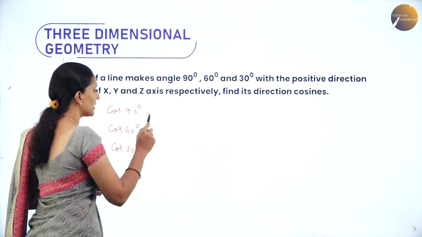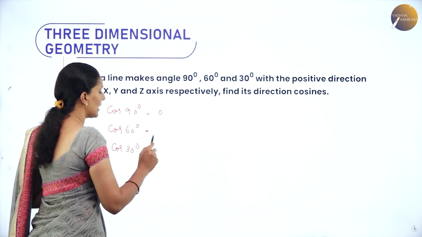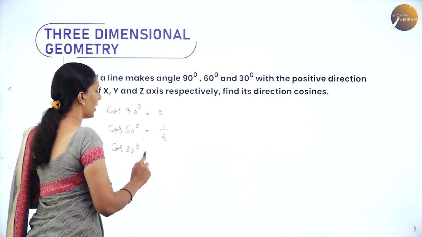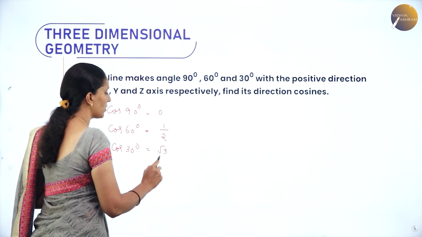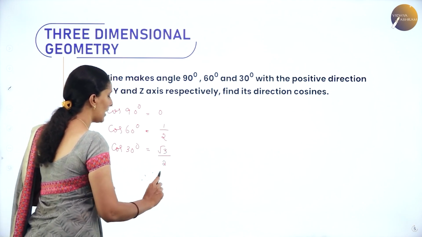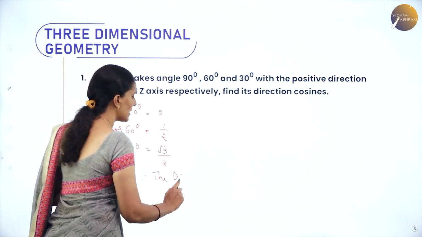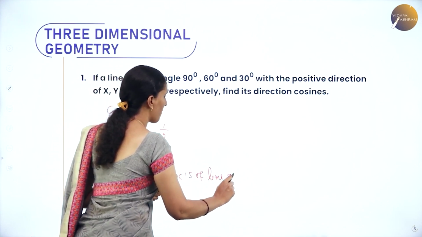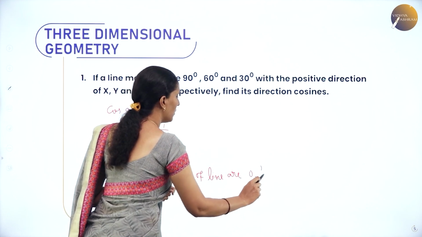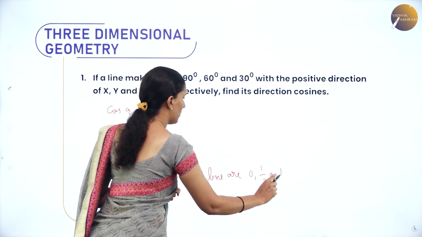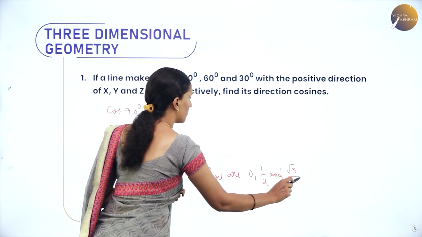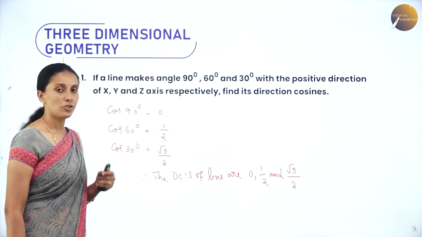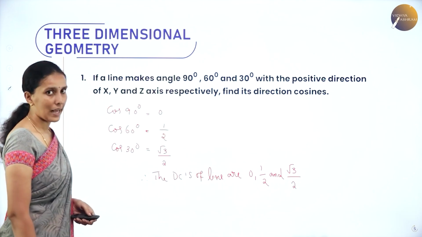So cos 90 is 0. Cos 60 is 1 by 2. And cos 30 is root 3 by 2. So therefore, the direction cosines or the DCs of the line are 0, 1 by 2 and root 3 by 2. So these are the direction cosines of the given line.